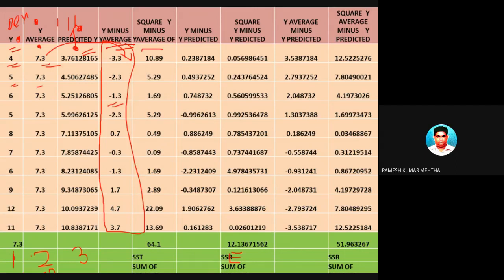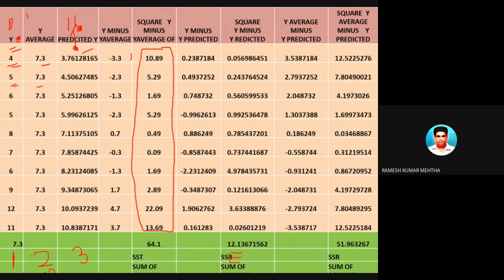Now the next one is the square of y minus y average, or y minus y average whole square. That is minus 3.3 into minus 3.3, or minus 3.3 whole square.